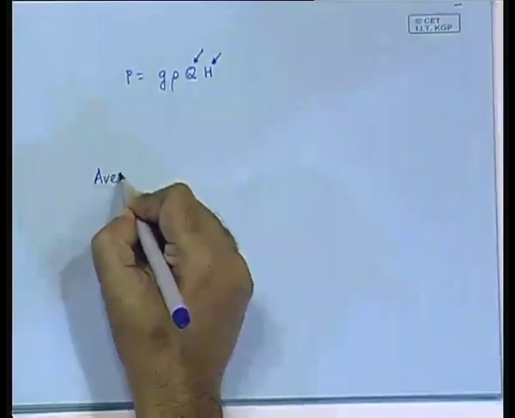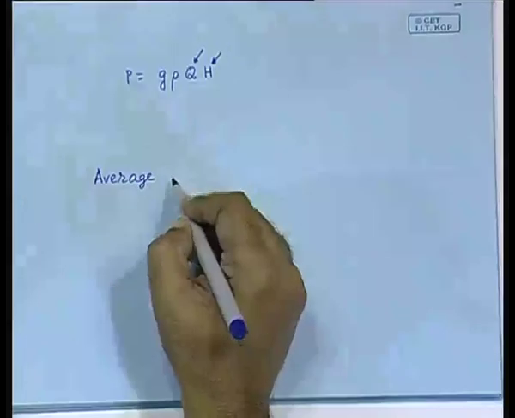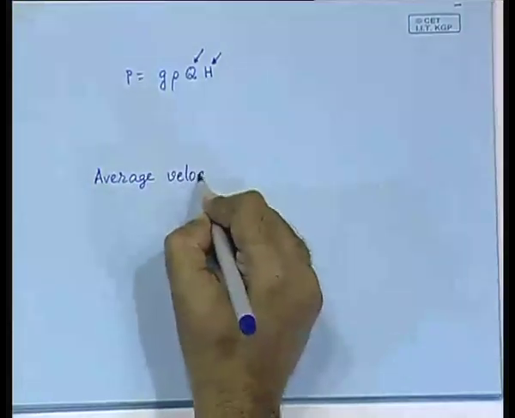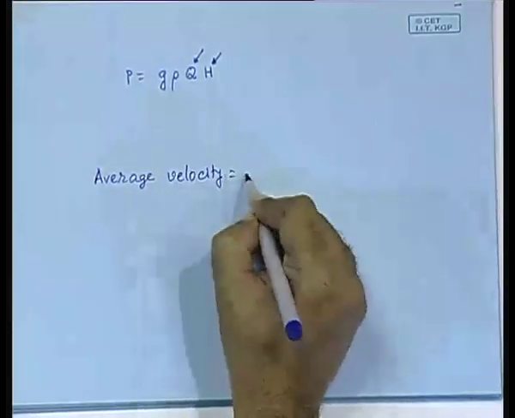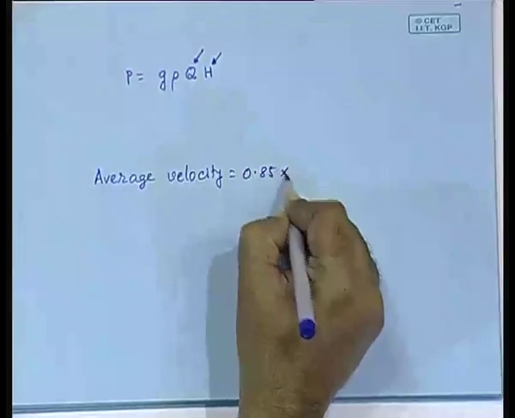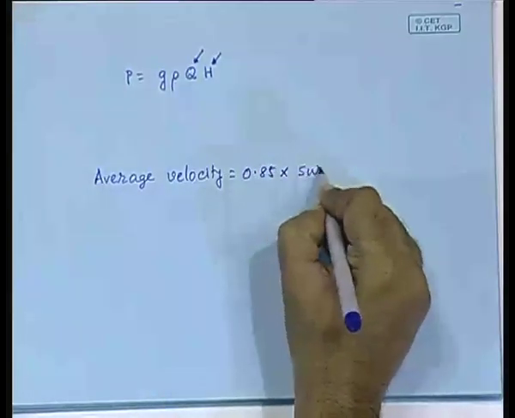So, you obviously do expect that the average velocity will be less than the velocity that you have measured at the surface. And in general, you can assume for a very rough estimate that the average velocity is 0.85 times the surface velocity.